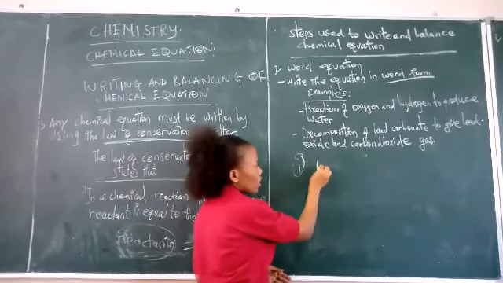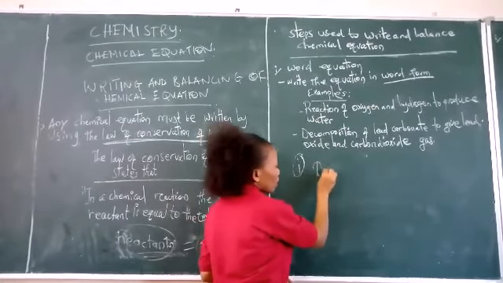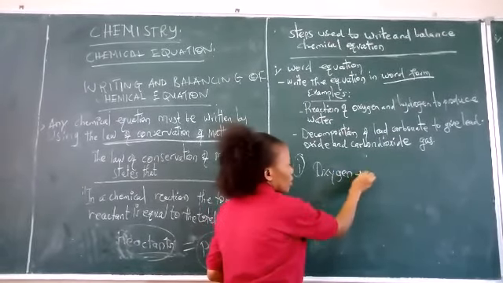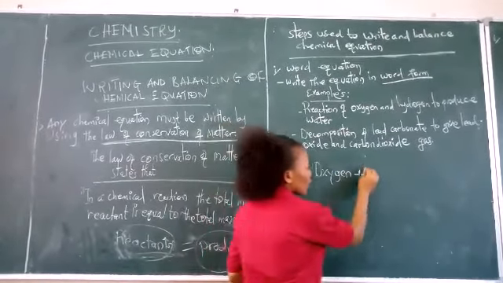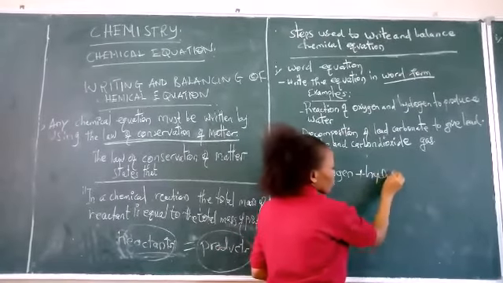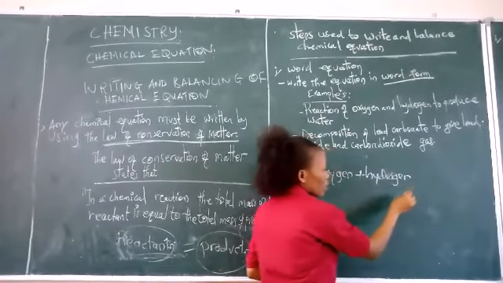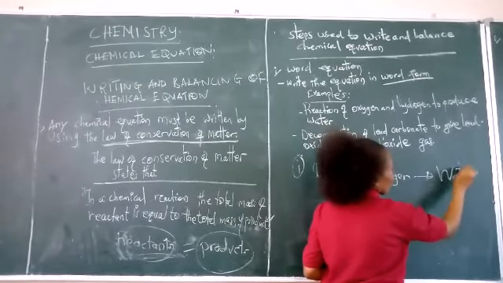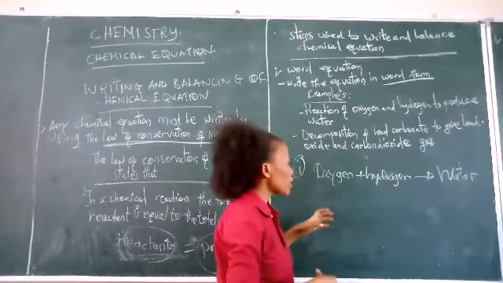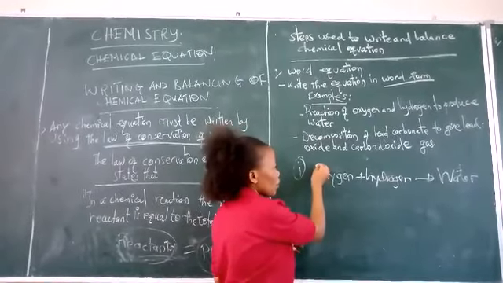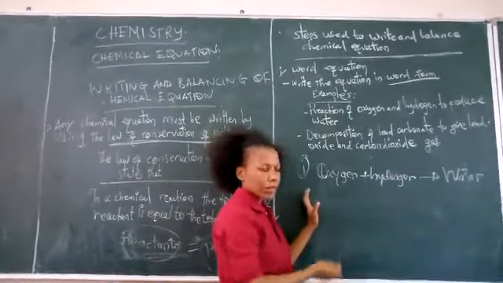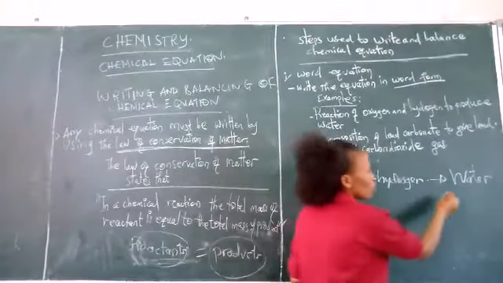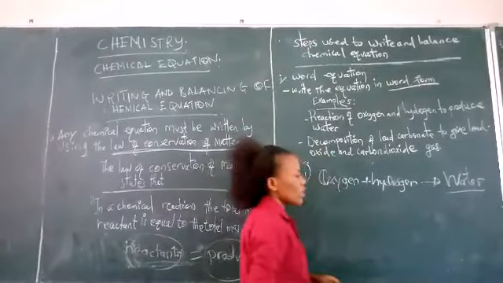You write oxygen reacting with hydrogen to produce water. So this is the word equation. You use the chemical names of the reacting particles, like oxygen reacts with hydrogen to form water molecules.